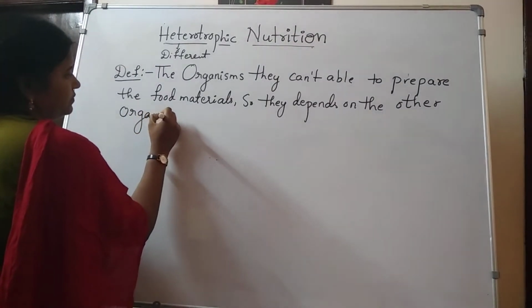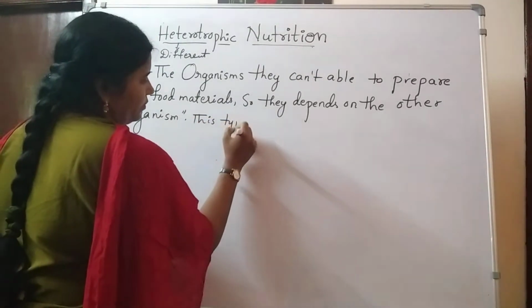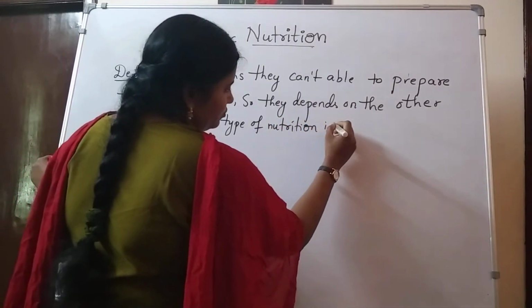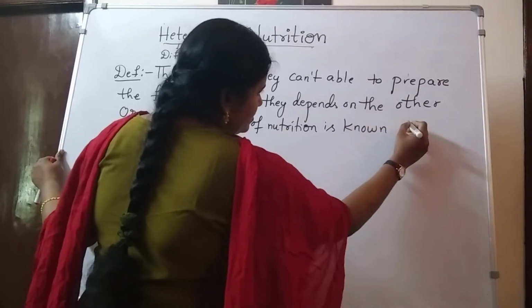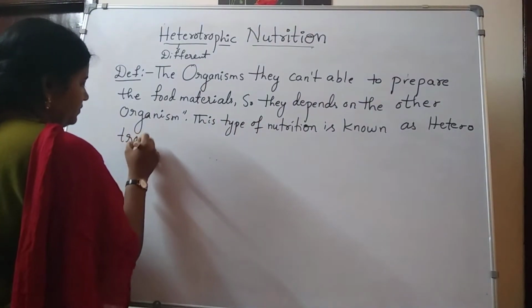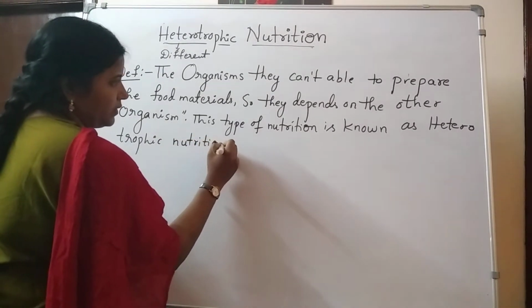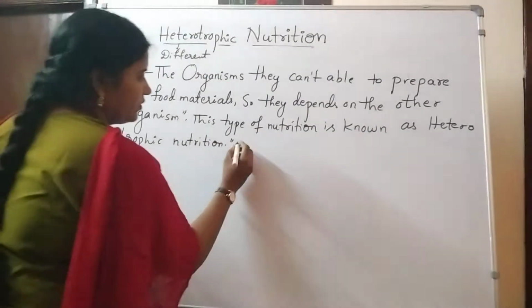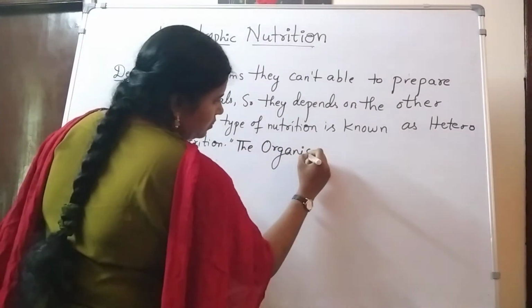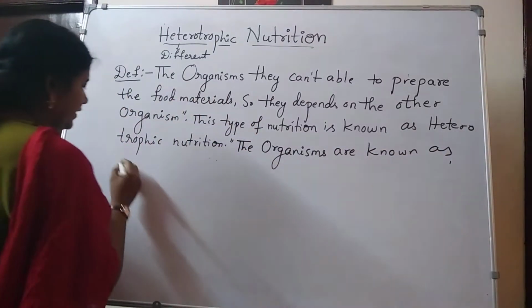This type of nutrition is known as heterotrophic nutrition, and the organisms are known as heterotrophs.